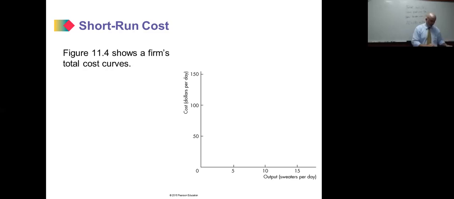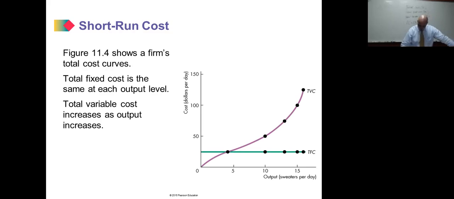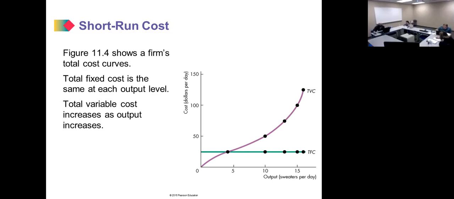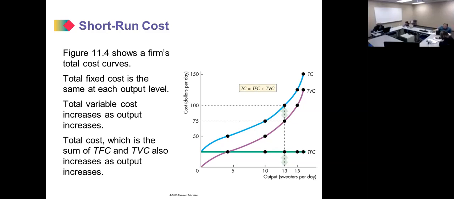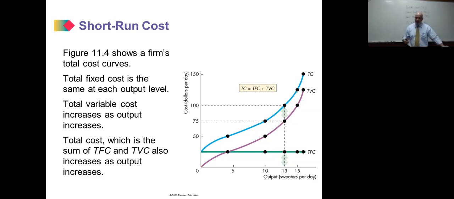Let's look at figure 11.4. Now, as we're seeing, what do you observe about total fixed costs? It remains constant. So remember, fixed costs do not change with output. But we notice that as output increases, what happens to total variable cost? It goes along with it. So since we're increasing total variable cost, we also observe an increase in total cost.